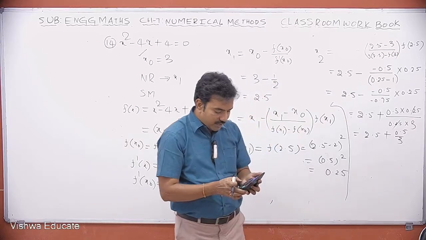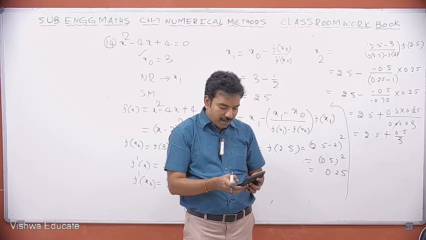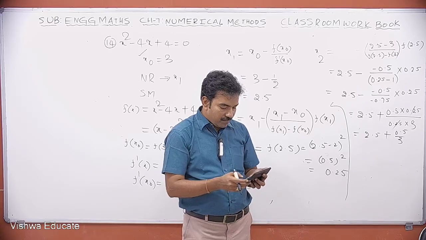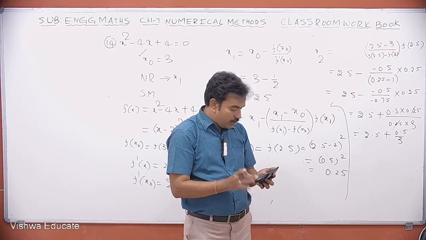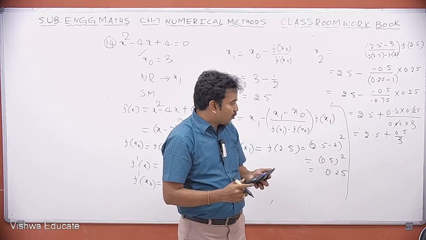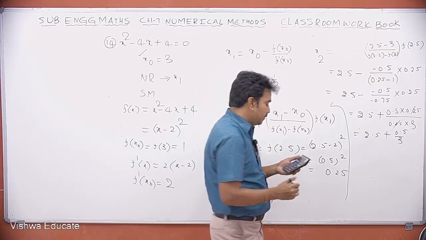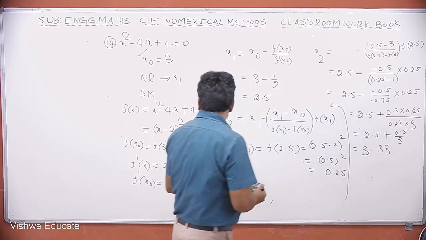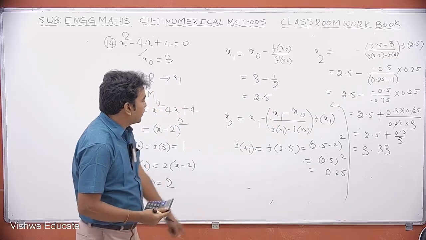So therefore this expression is 0.5 divided by 3, which gives me 0.83 plus 2.5. So therefore approximately this value is 3.33. At first we got 2.5, this value.